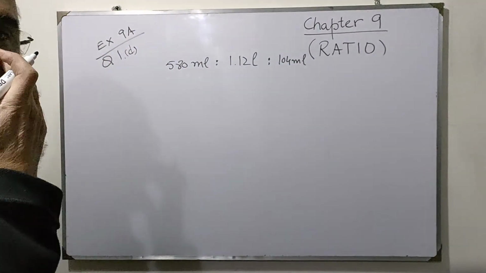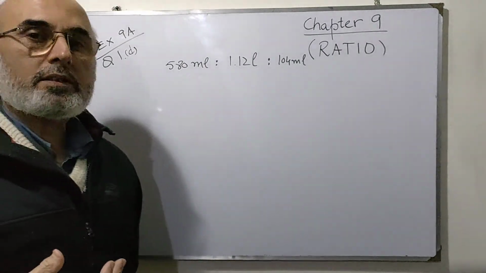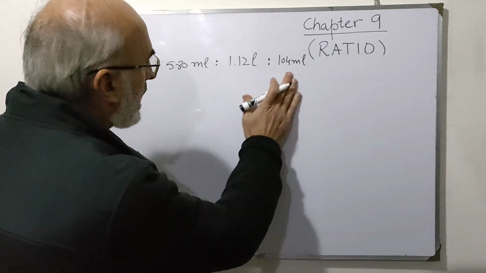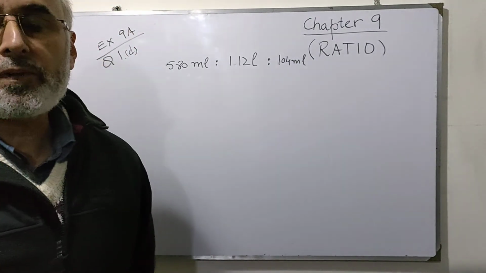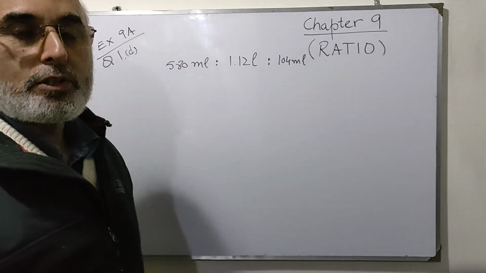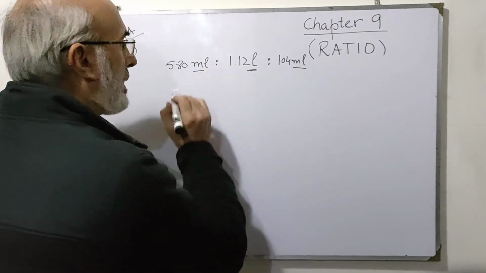As I said in the definition of the ratio, this is a tool to compare two or more quantities. Here we are comparing three quantities and we have to simplify it, but this ratio cannot be simplified because this is liters and these two are milliliters.